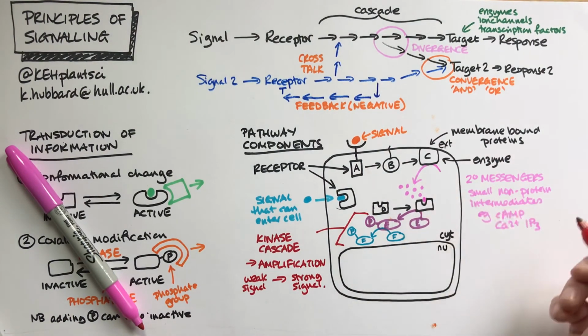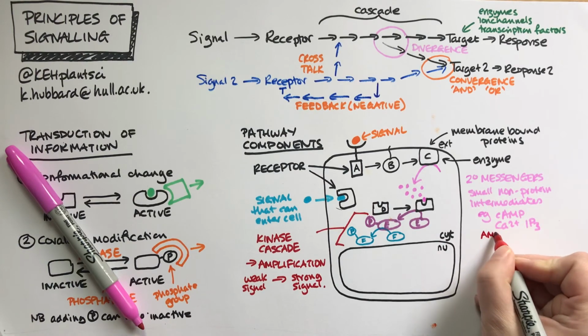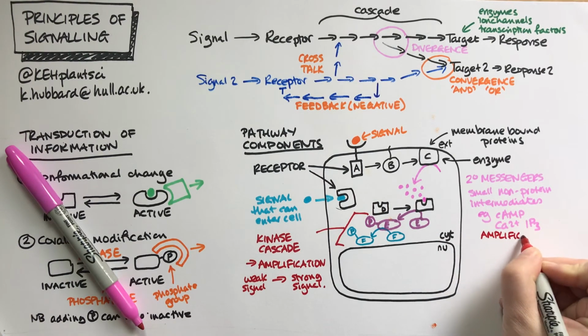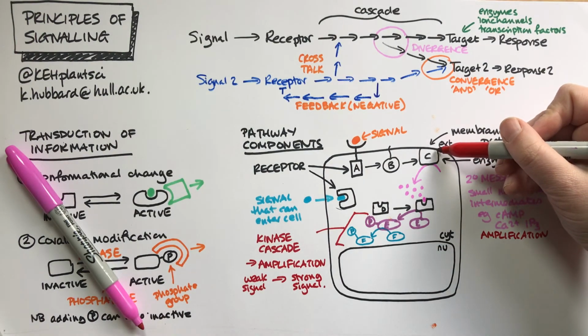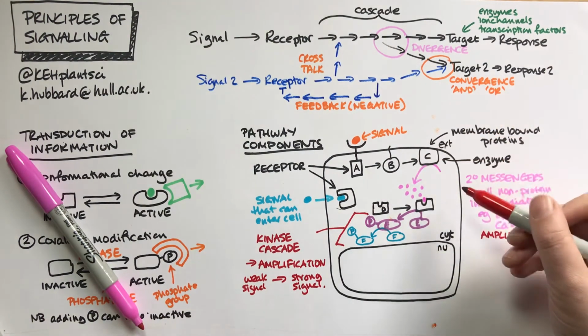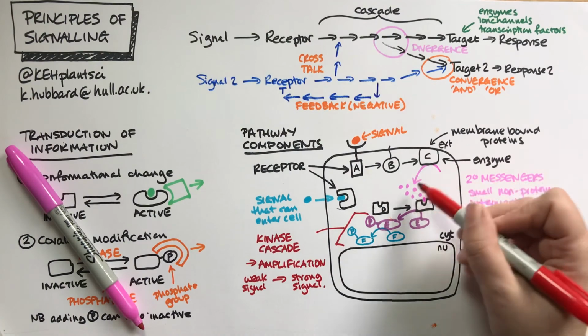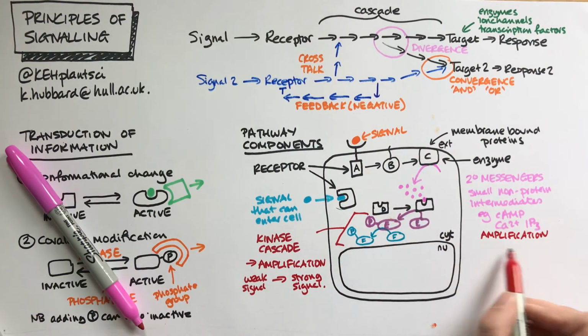Secondary messengers are also a point of amplification. So here we might have had only one copy of protein C got activated, but it made 5,000 molecules of secondary messengers. So that's also a point of amplification.